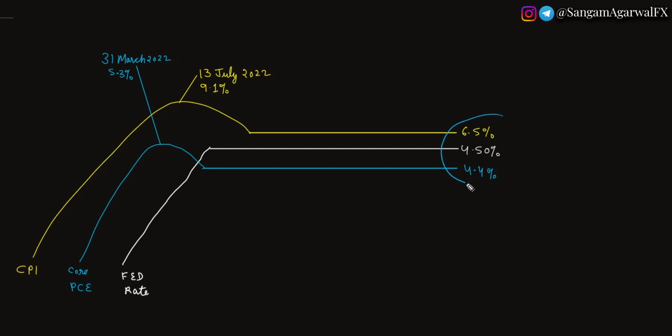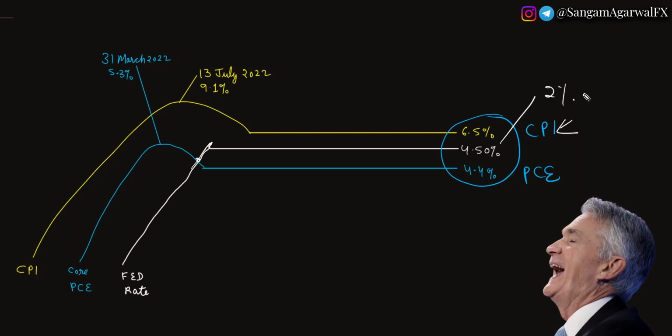So officially right now the Fed interest rate is above the core PCE number but below the CPI number, and compared to CPI you can see the difference is just 2% inflation, which the Fed is saying so many times in the news. So basically their target has been achieved.